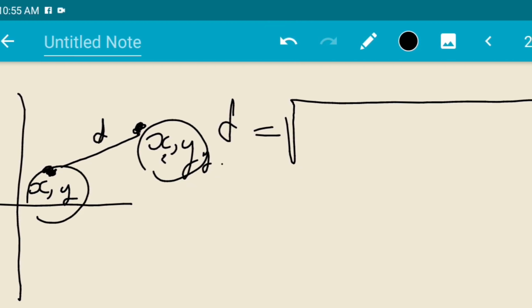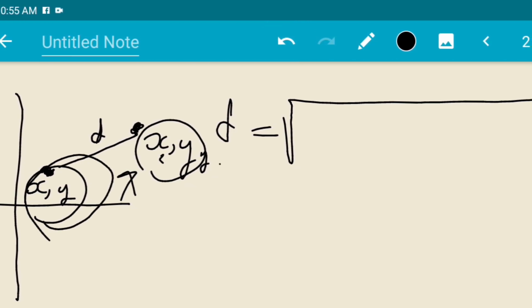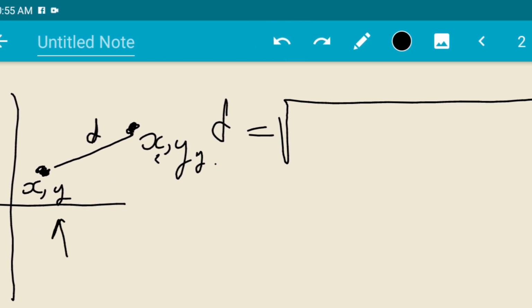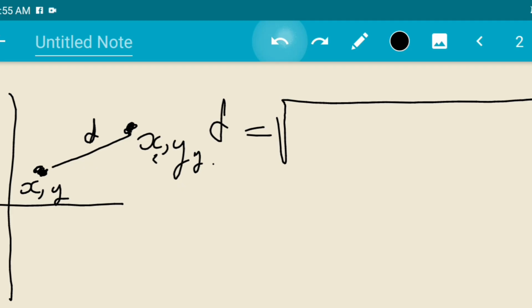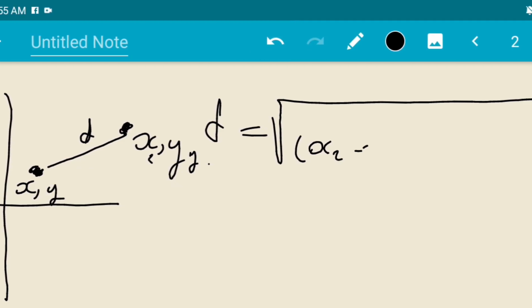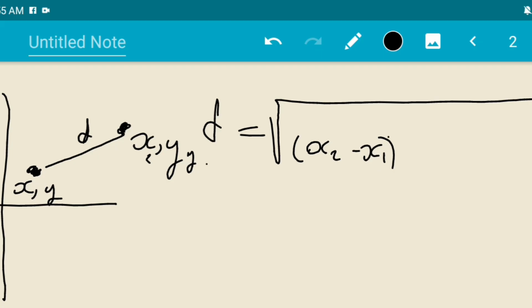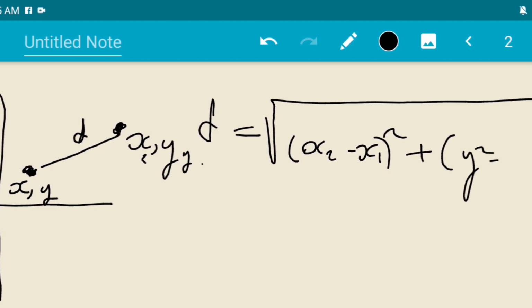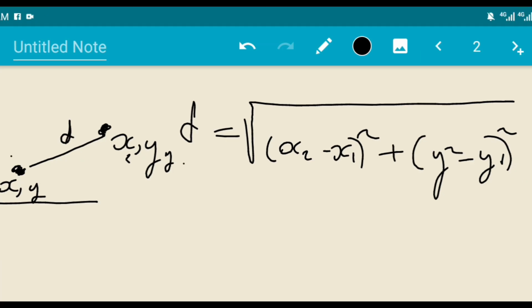So these will be 2, and then these will be 1. So x1, y1, x2, y2. So it will be the square root of, open bracket, x2 minus x1, close bracket, squared, plus, open bracket, y2 minus y1, close bracket, squared. So we're done. This is a distance equation, okay?